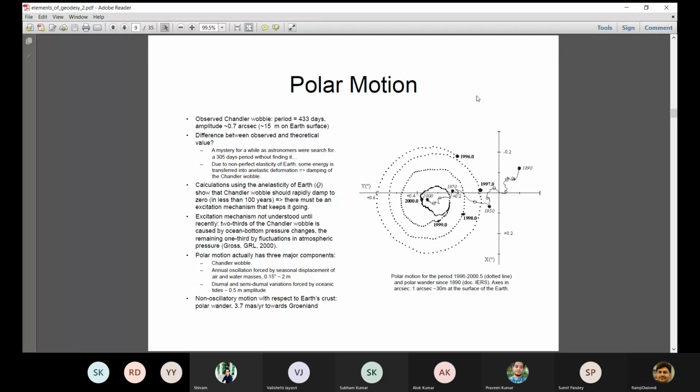Okay. So I think you have got enough content for today. This is new content, but it's very interesting. I have read it somewhere in 2016-17 about this polar motion, a lot more content. Then I introduced this concept to this class. Previously, I was not explaining this, but it's very interesting.